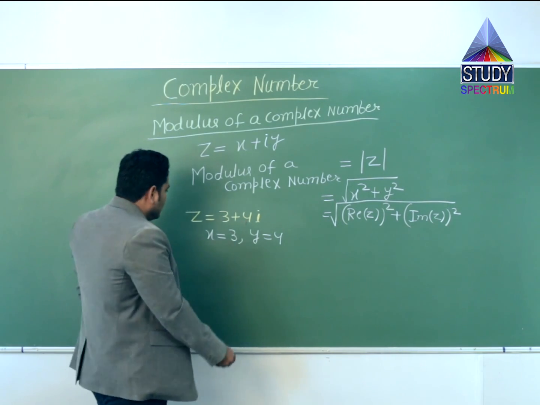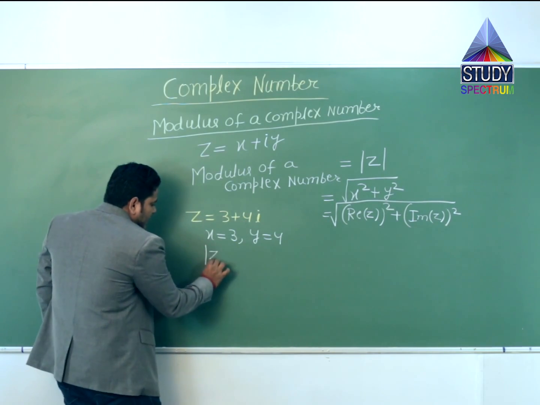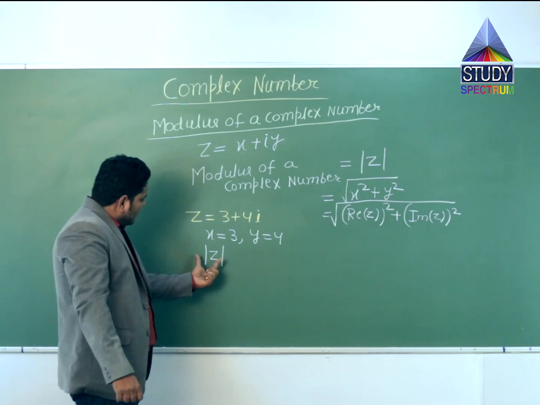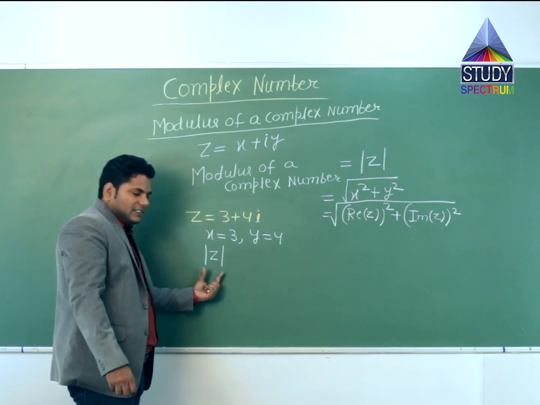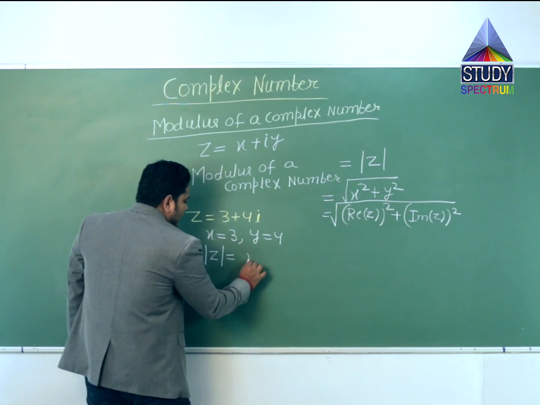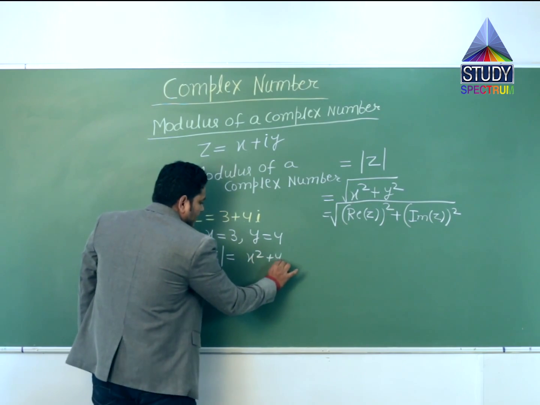So now mod z, we put z within two parallel lines, is equal to the square root of x square plus y square.